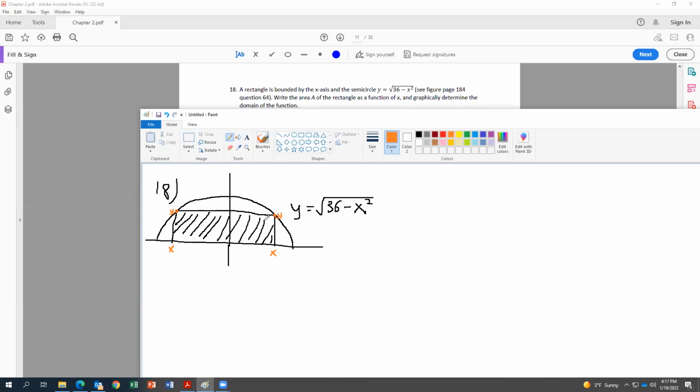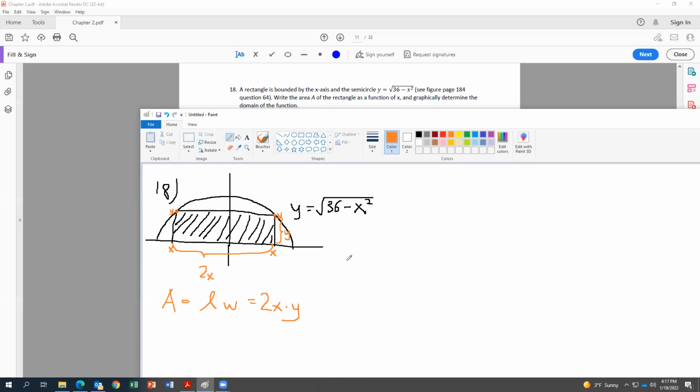So if you look, this rectangle has a width of y and a length of 2x, because you got x on one side and x on the other side. So the area of a rectangle is given by length times width. The length is 2x times the width in this case, y.